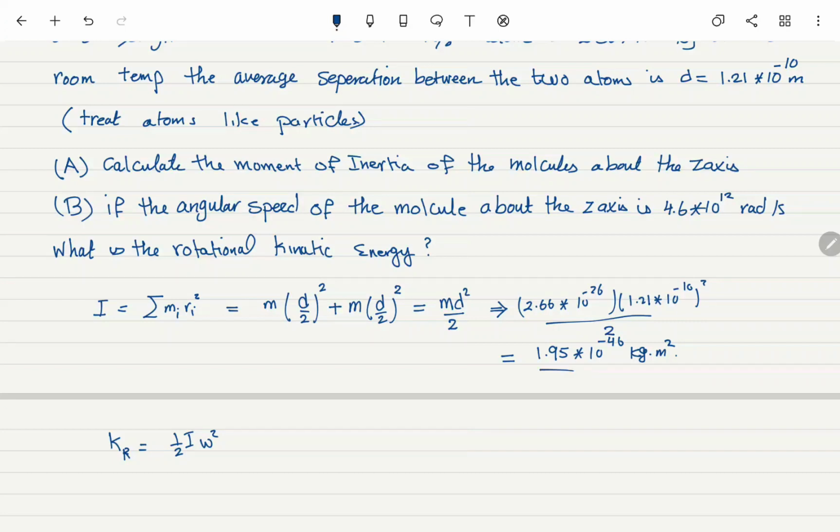We just calculated I, so it is equal to half times 1.95 times 10 to the power minus 46 multiplied by 4.6 times 10 to the power 12 squared. You do the math, and it is equal to 2.06 times 10 to the power minus 21 joule. And this is the rotational kinetic energy of the molecule about the z-axis.